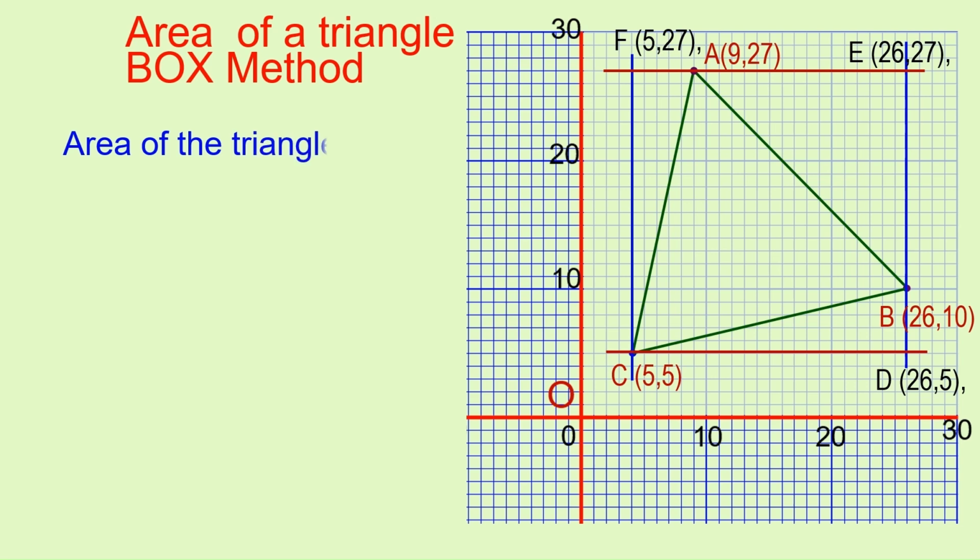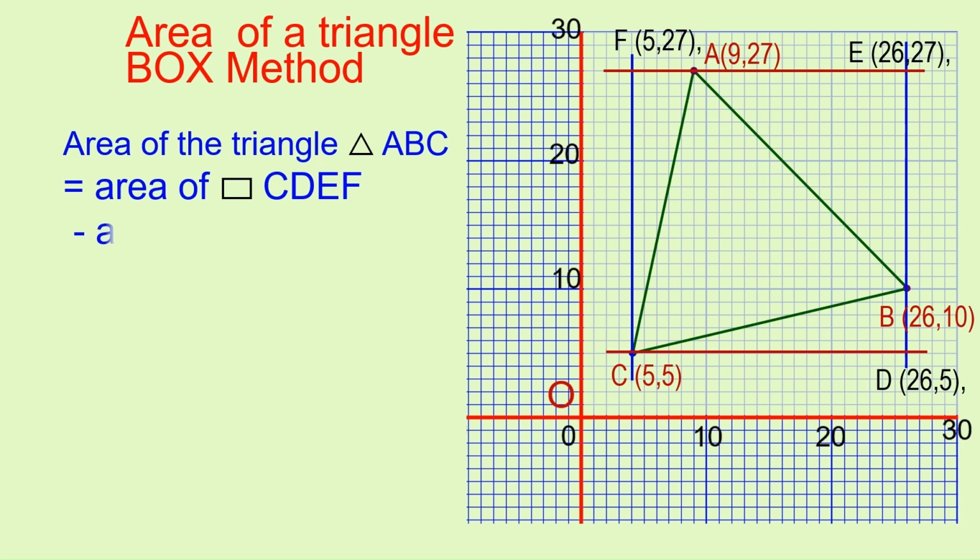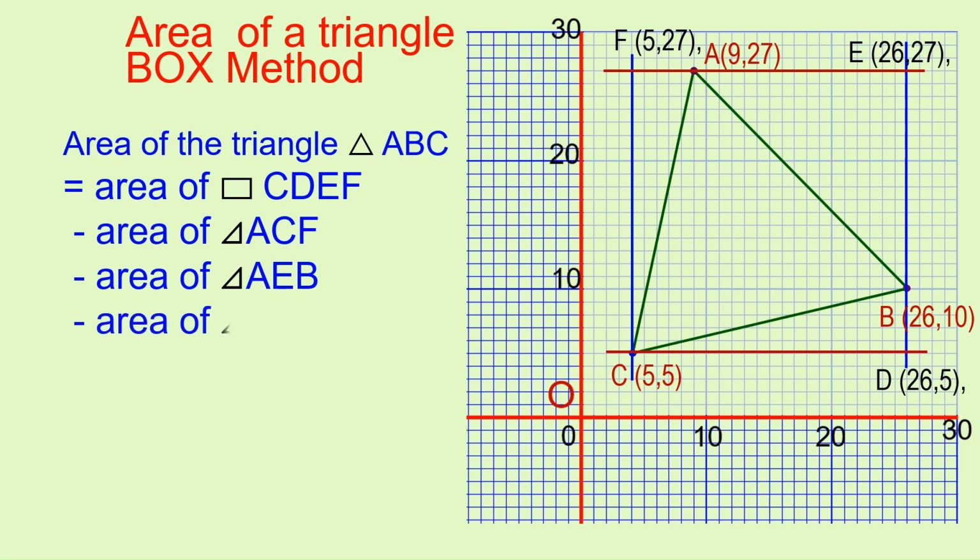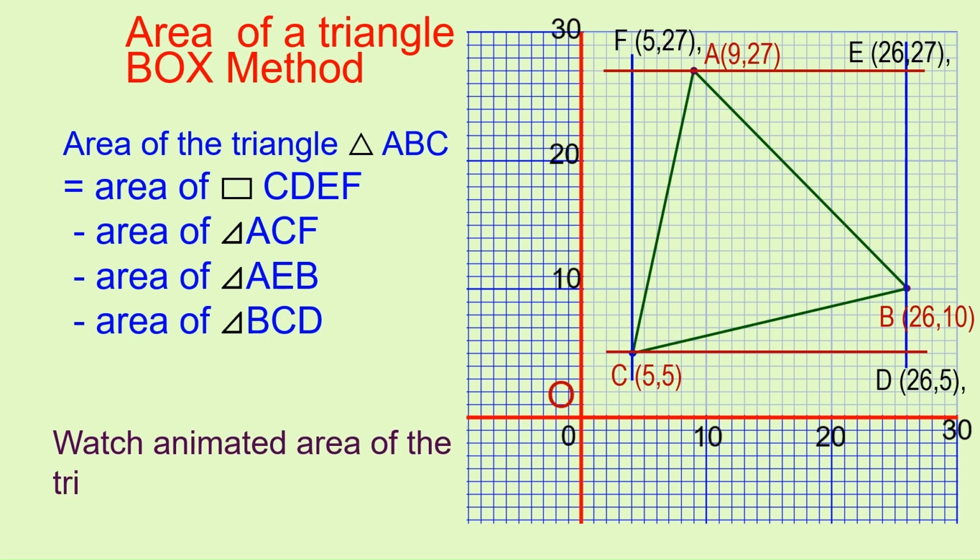Area of the triangle ABC equals area of the rectangle CDEF minus the area of right-angled triangles ACF, AEB, and BCD. Watch the animated area of the triangle.